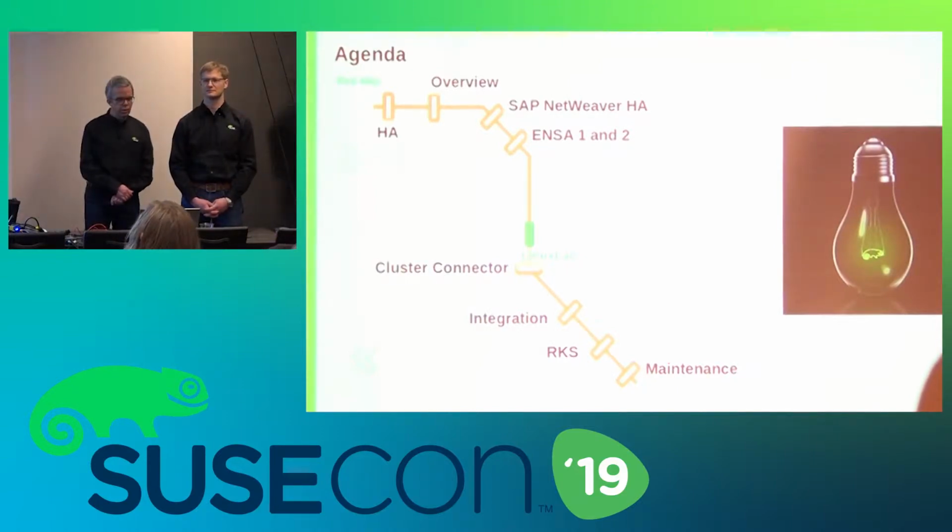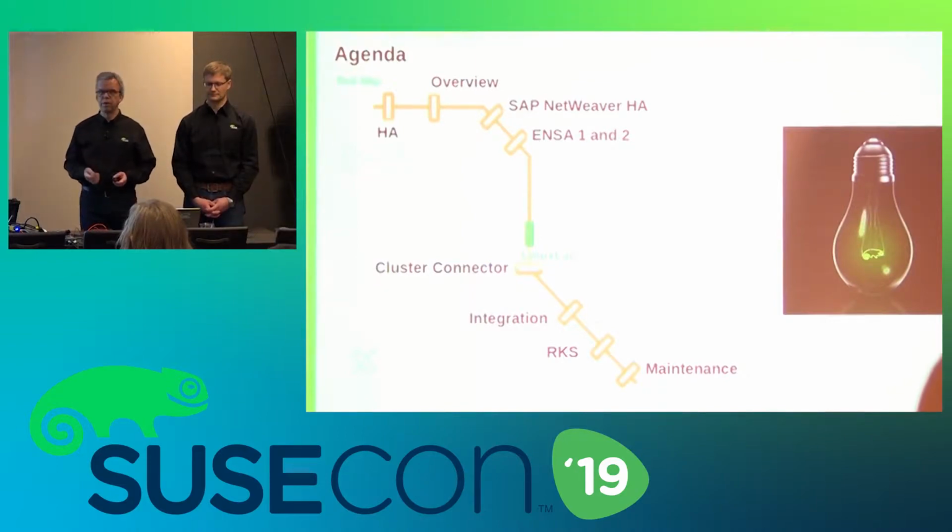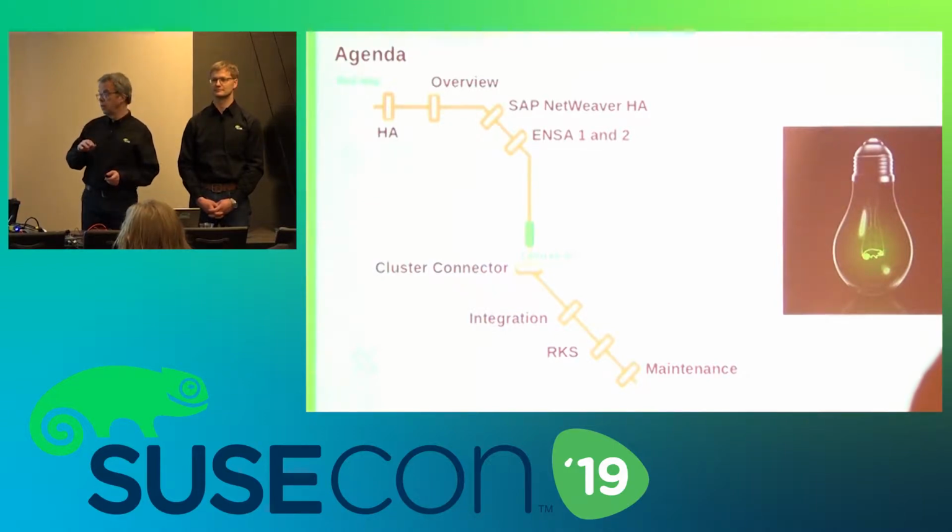Exactly, and today our road map through this session will be to have an overview about HA and in front of that about SUSE for SAP and our cooperation with SAP. Getting an overview about our solutions, then a bit more deep dive into one solution about getting SAP NetWeaver and S/4HANA applications highly available for ENSA 1 and ENSA 2.